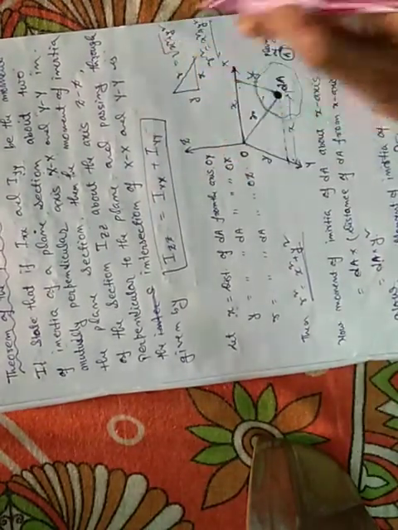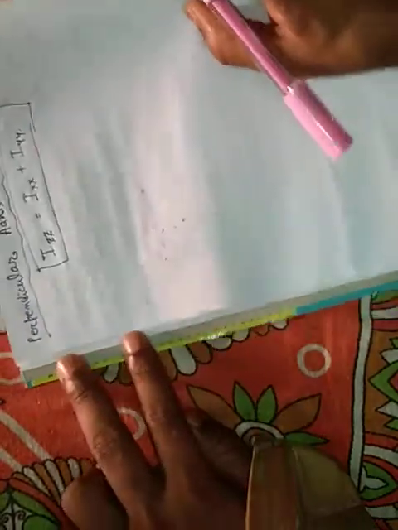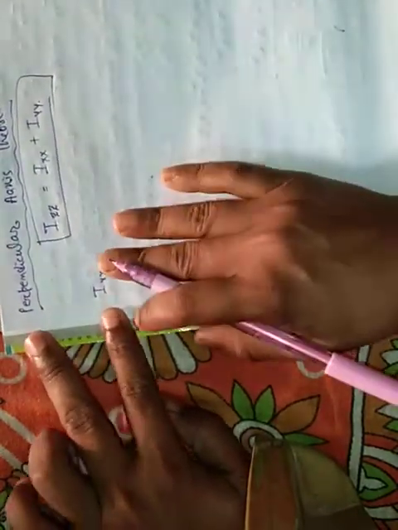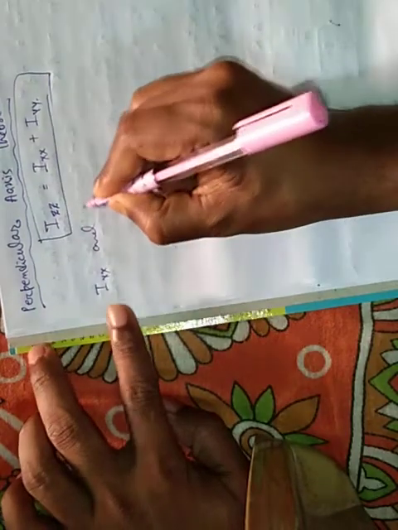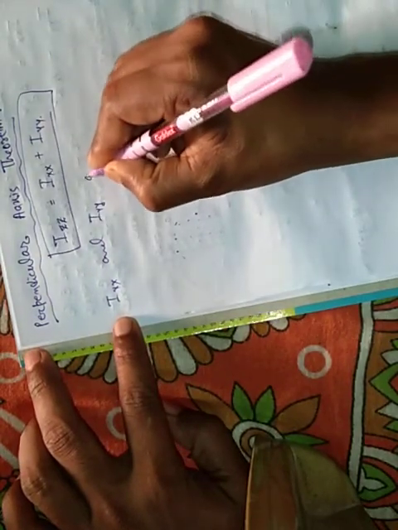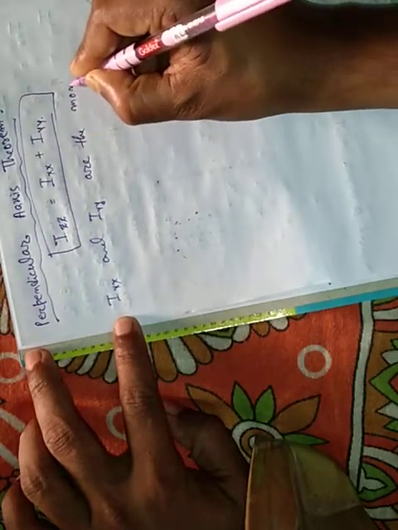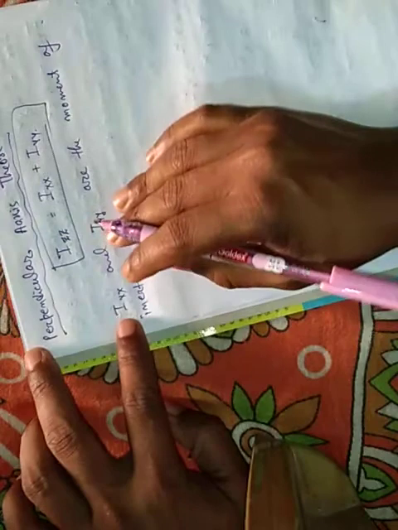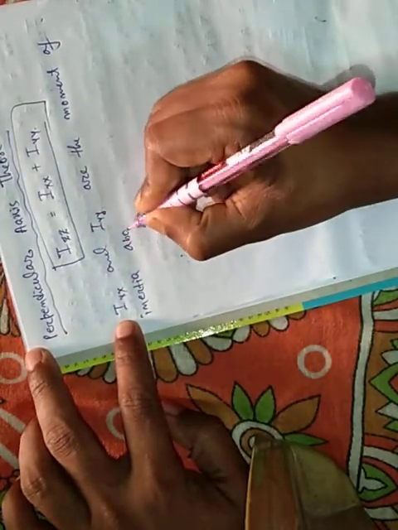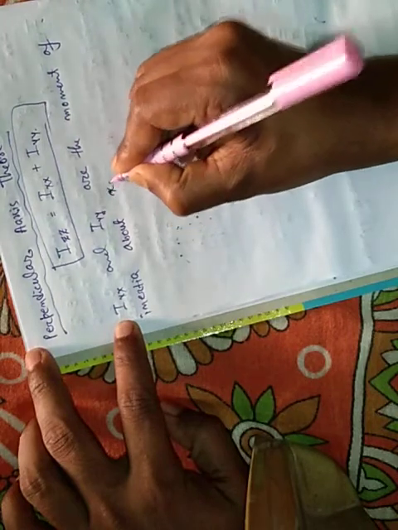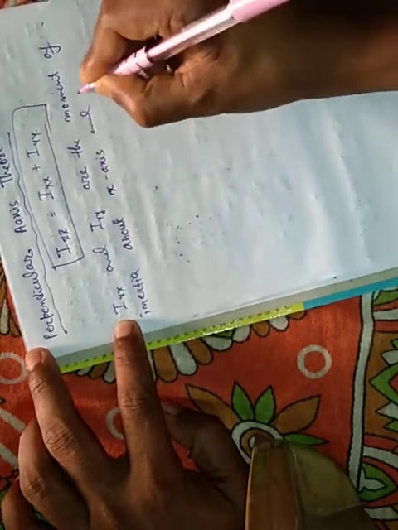Moment of inertia about the x-axis, moment of inertia about the y-axis. So IXX and IYY are the moments of inertia about the x-axis and y-axis.